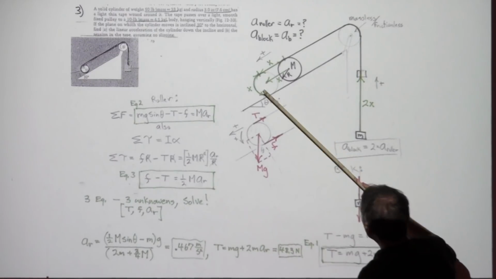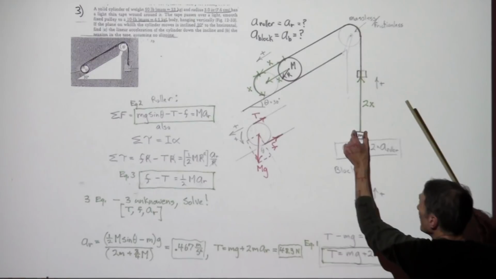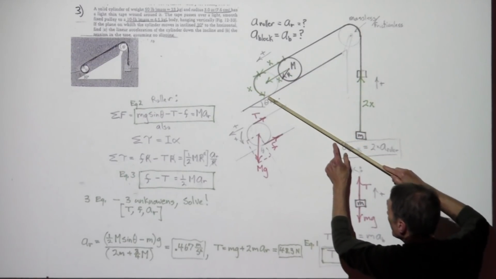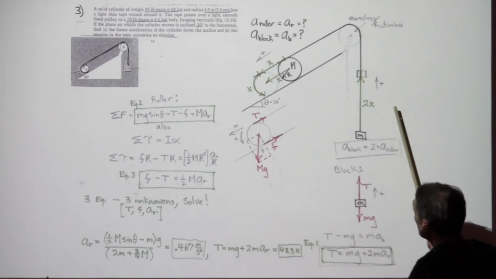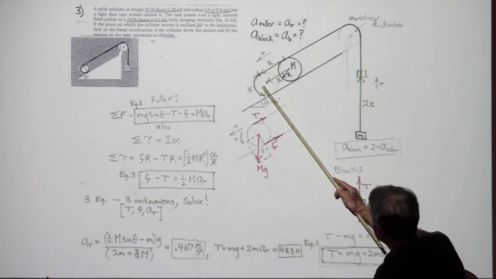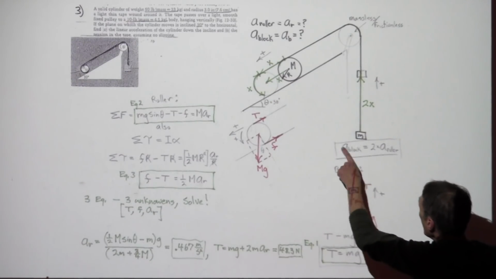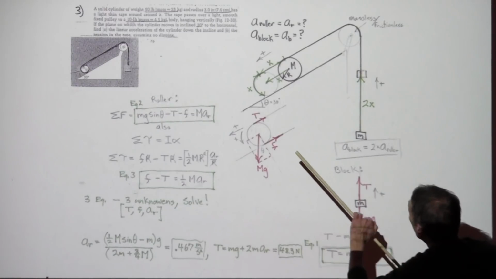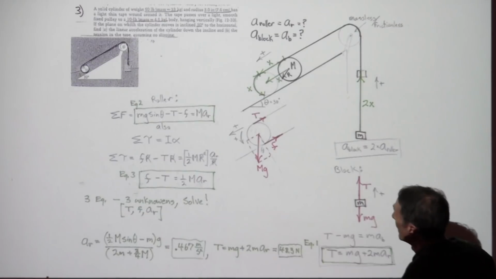And so it's going to pull this up really 2x. It's got to pull it up this amount plus this amount, or 2x. And so that is going to be the relationship between the roller and the block. I expect the acceleration of the block to be equal to 2 times the acceleration of the roller. We've done this kind of thing before, and hopefully that has stuck with you.